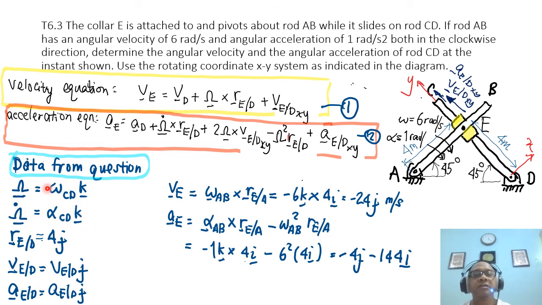And then where do I label this? Where is this omega CD and alpha CD? It is the velocity. So I'm going to write down this omega and alpha CD.